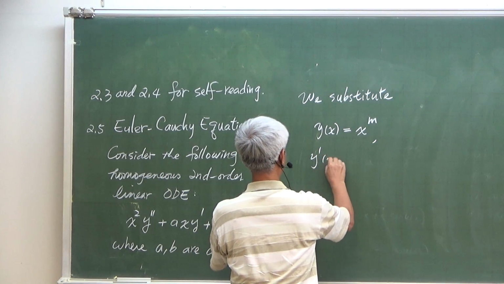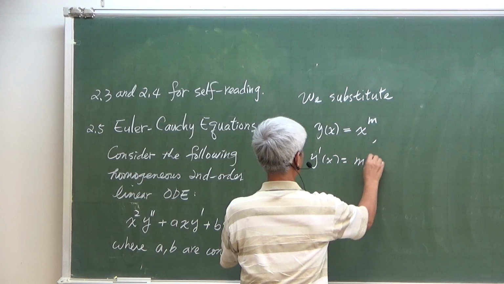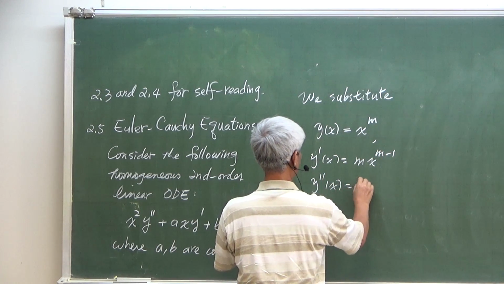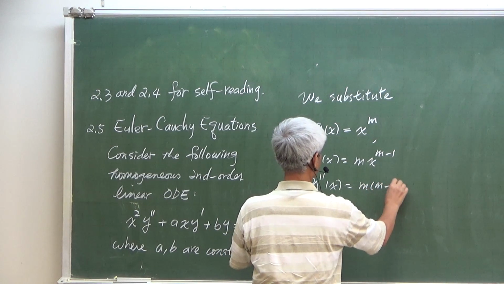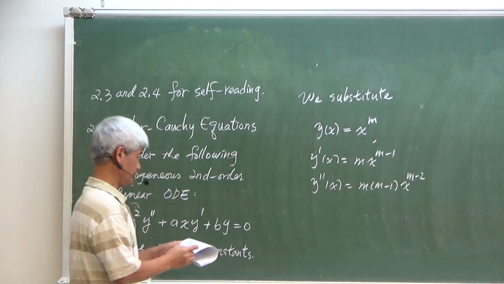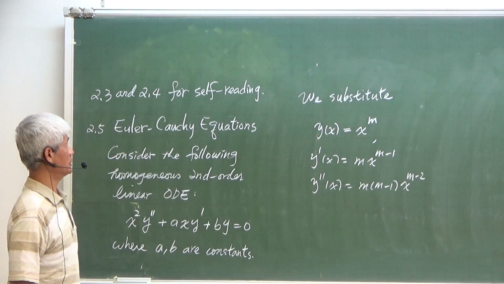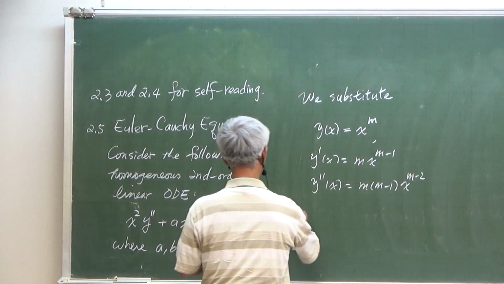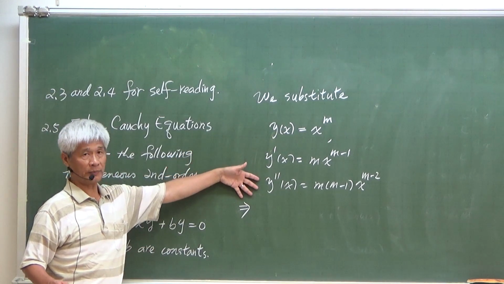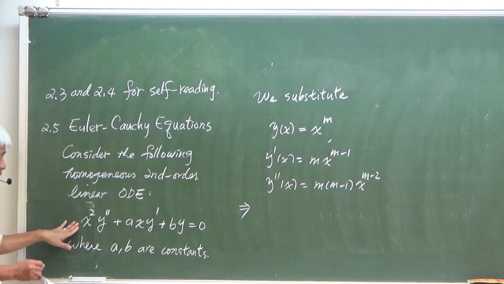So y prime of x is equal to n x^(n-1), and y double prime of x is equal to n(n-1) x^(n-2). Okay? So we plug this formula into the ODE.